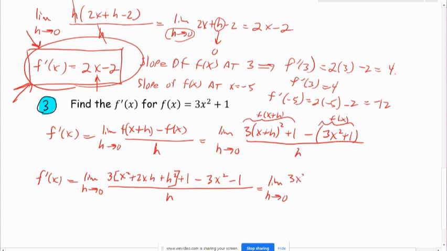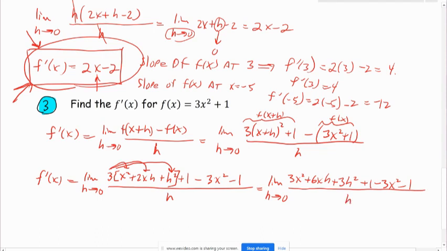So we have 3x squared plus 6xh. I'm distributing right now. And that is 3x squared plus 6xh plus 3h squared plus 1 minus 3x squared minus 1, all over h.